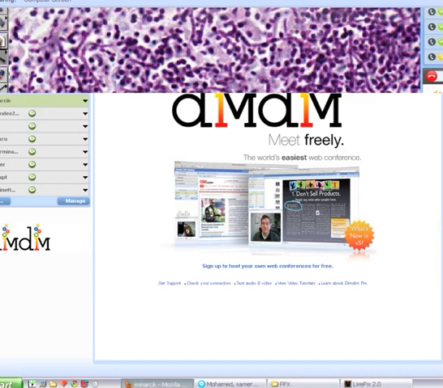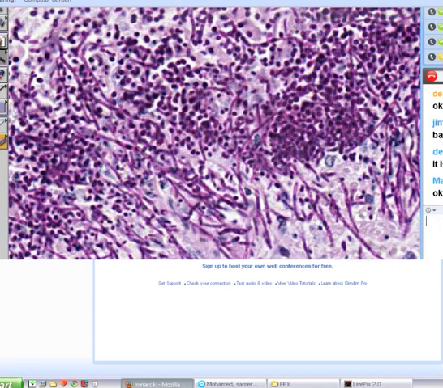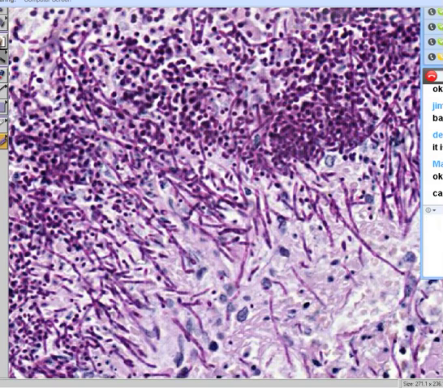Margaret, what's the diagnosis? Absolutely. This is the most common fungus to infect anything in the body. This is candidiasis.